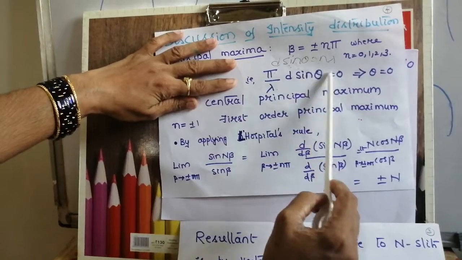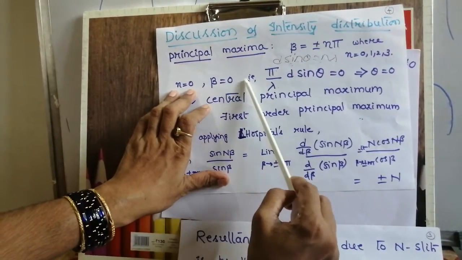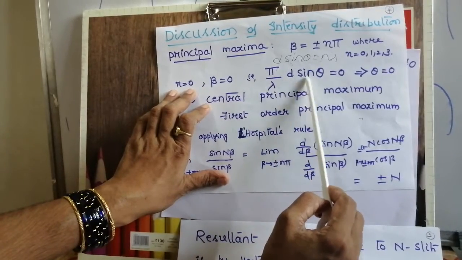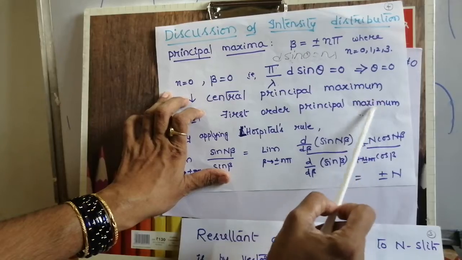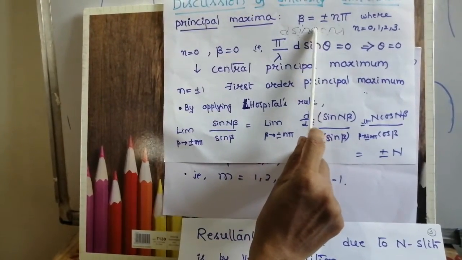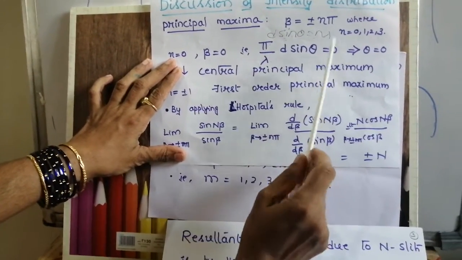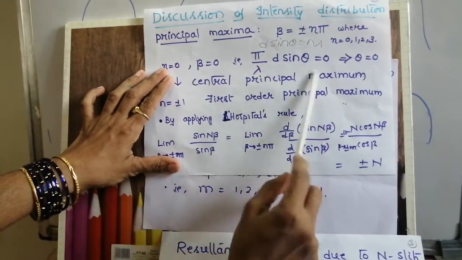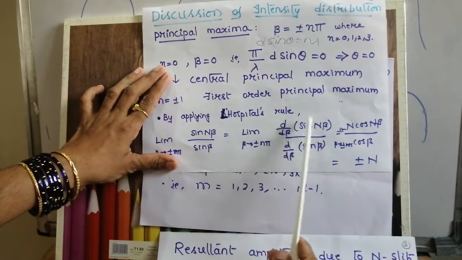If n equal to 0, beta equal to 0, then pi by lambda d sin theta equal to 0, so theta equal to 0, which is known as the central principal maximum. But when sin beta equal to 0, sin n beta is also 0, so it is 0 by 0. To avoid this discrepancy, we have to use L'Hospital's rule.